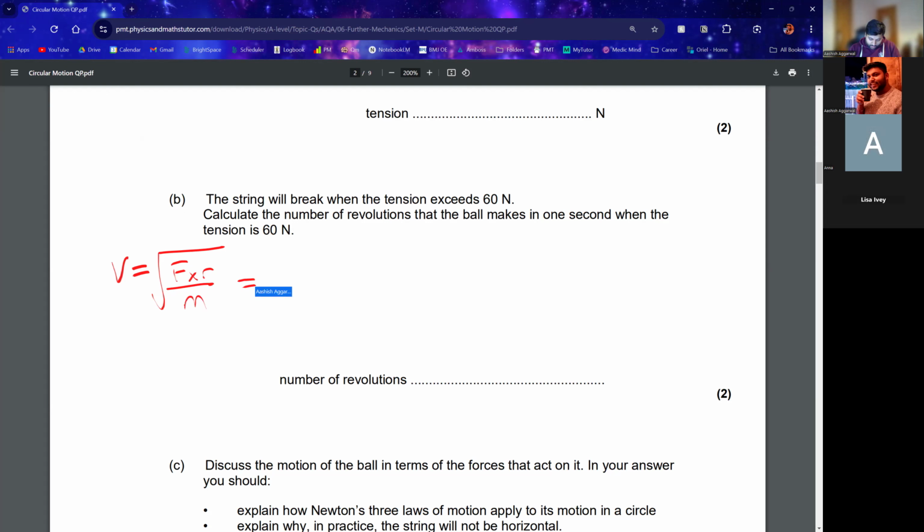So then you got 60 times radius of 1.85 over the mass, which was 0.25, all rooted, which gave you 12.86. So this was where you got already.